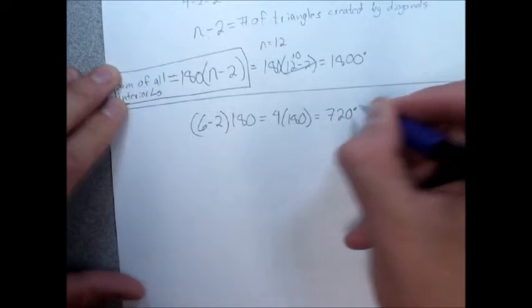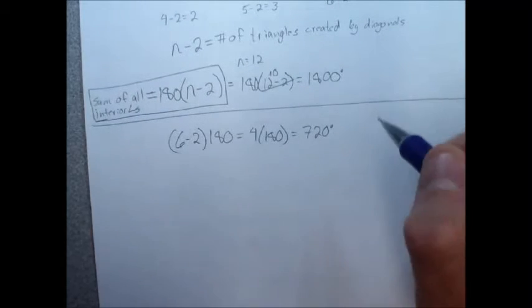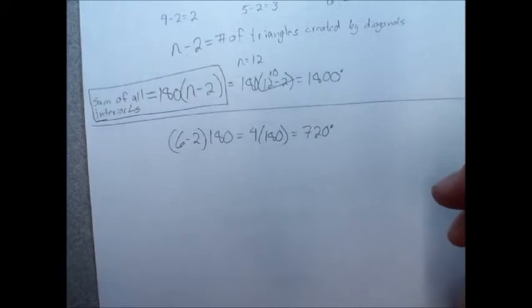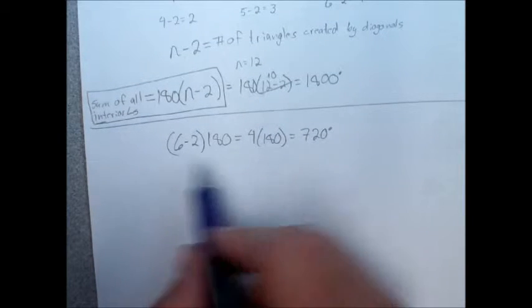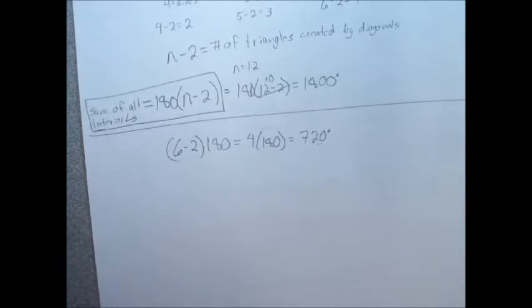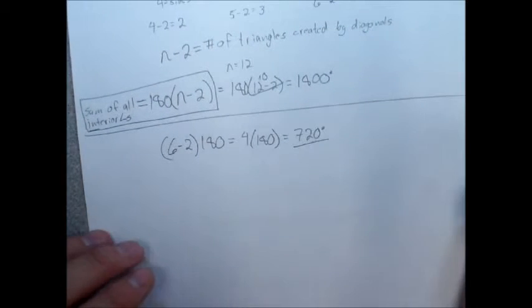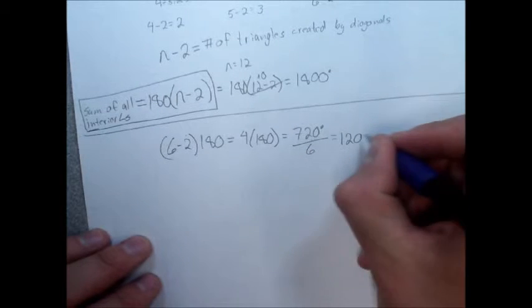If the question says, what is the measure of the interior angle of a regular hexagon, then I know hexagon is 6. So I found out the total degrees inside. In order to find out what each angle is, I divide by however many angles there are, and there are 6. And I find out that each angle is 120 degrees.